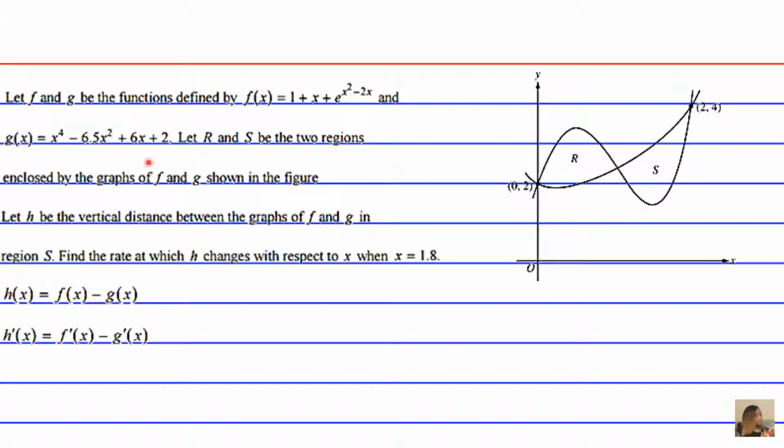It would be 0 because if you're taking the derivative of 2 with respect to x, there's no variable, so the constant becomes 0, okay? So if you plug in 1.8 into f prime of x minus g prime of x, the rate of change that you're going to get is negative 3.812, or some of you might get negative 3.811, depending on which calculator you're using.